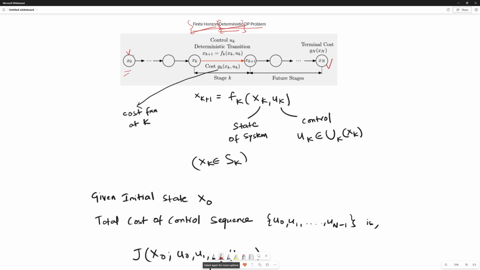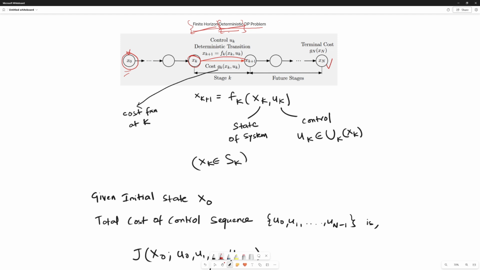So the setup is as follows. You start at some state x0 and you will be applying a set of controls. For example, I am at state xk and I apply the control uk. This is called the control, right? In the AI community, this could be called an action that is taken or a control that is applied. Now, once a control is applied, the state changes from xk to xk plus 1, right?